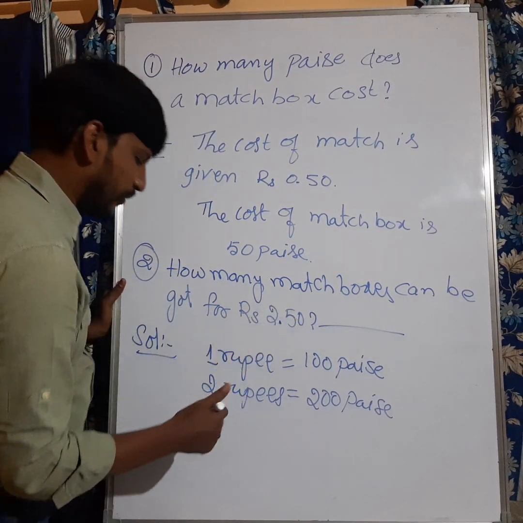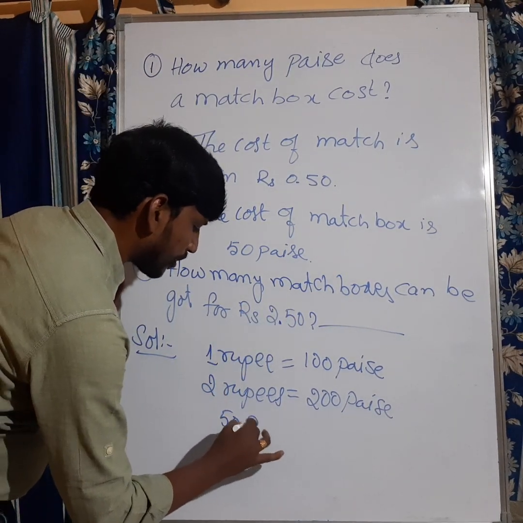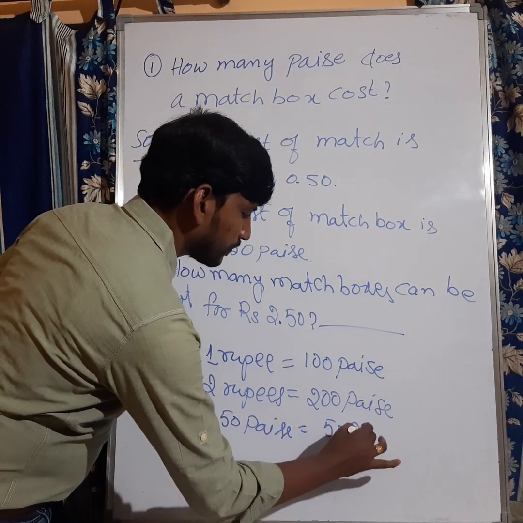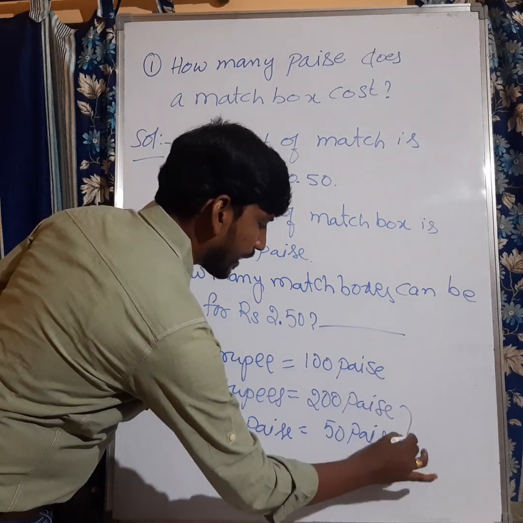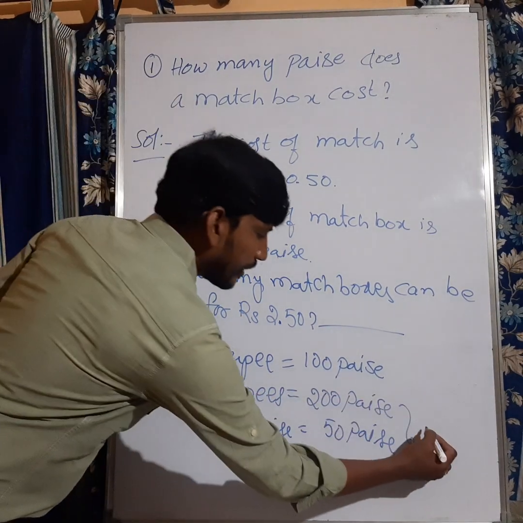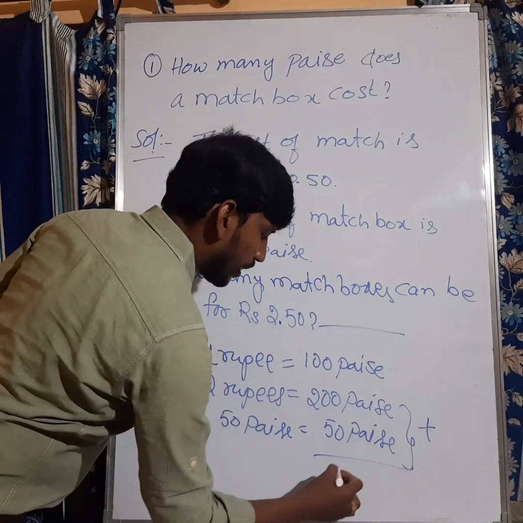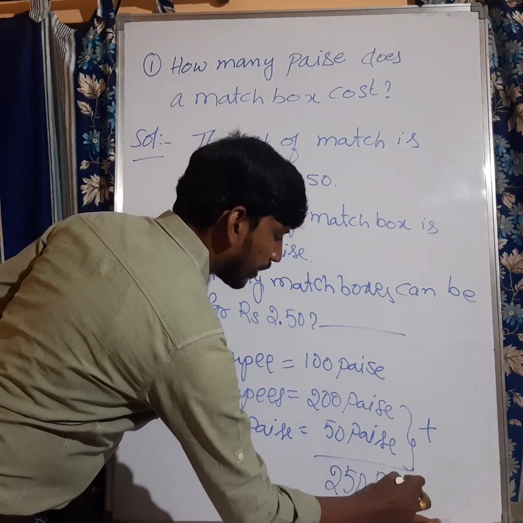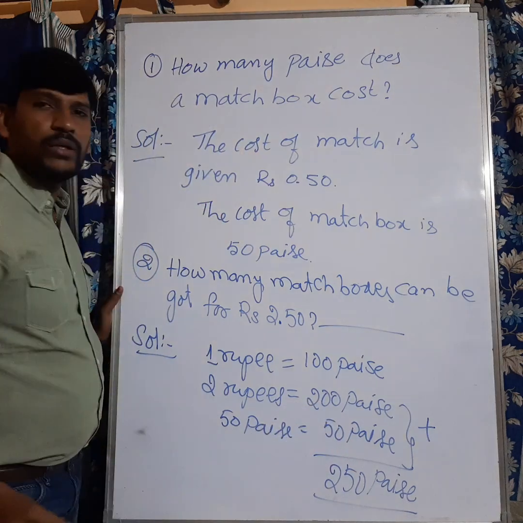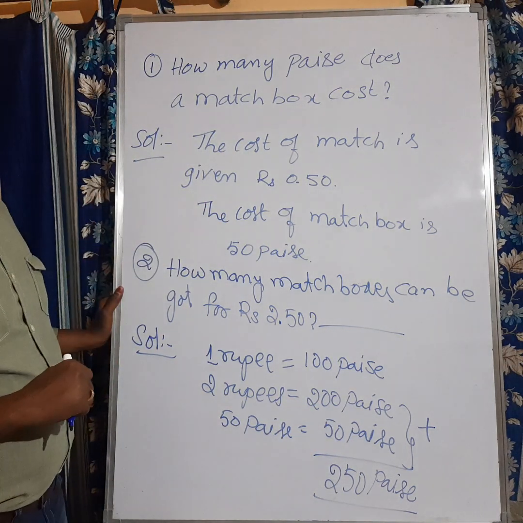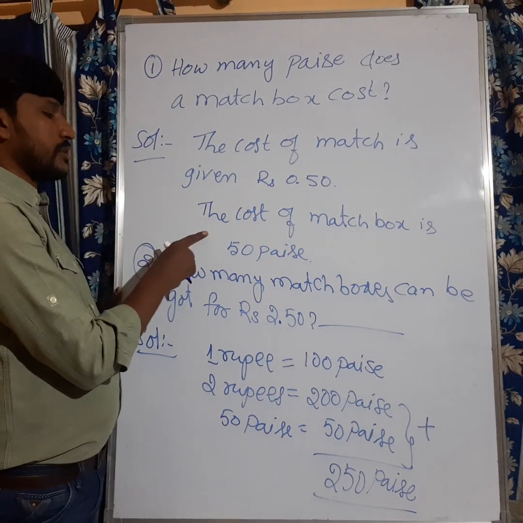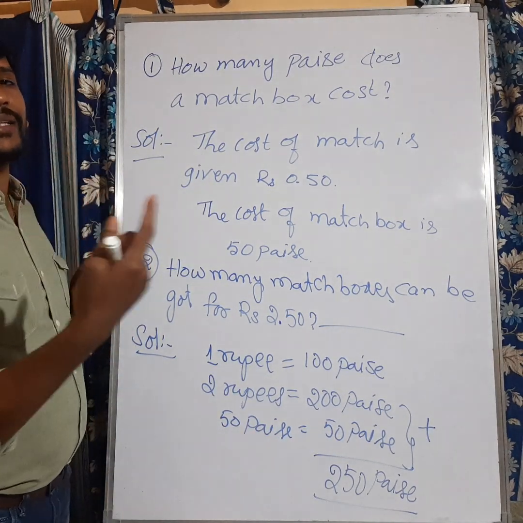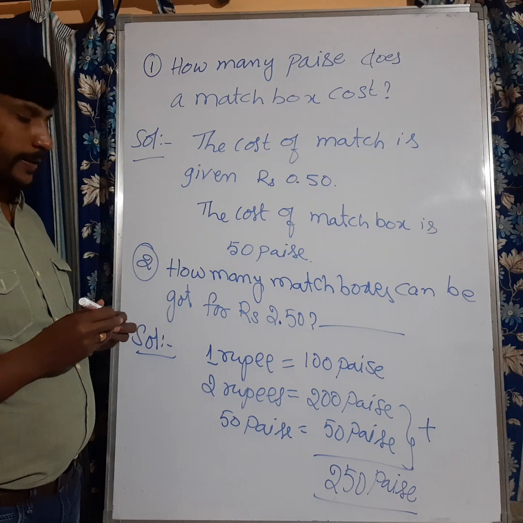Again taking here 50 paise. So by adding these two, you will get 250 paise. Clear? I have 250 paise. One matchbox is equal to 50 paise. For 250 paise, how many matchboxes are we going to buy? Clear?